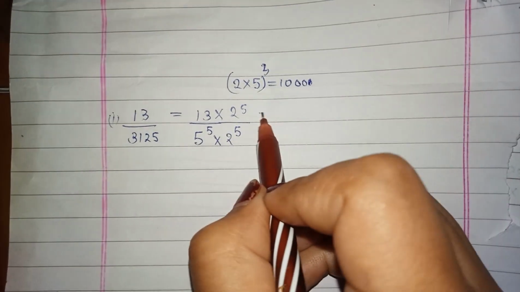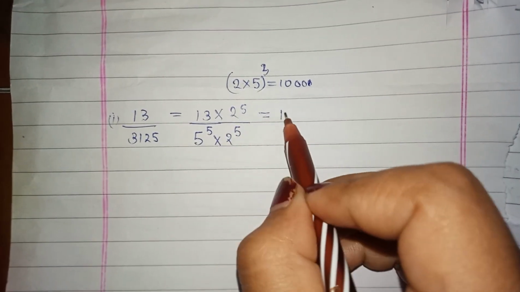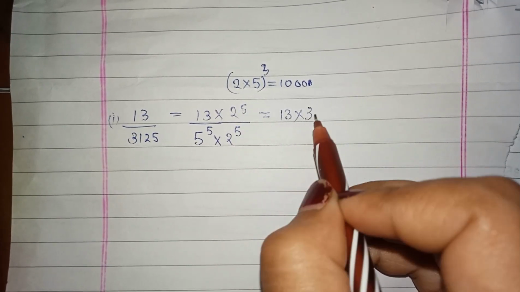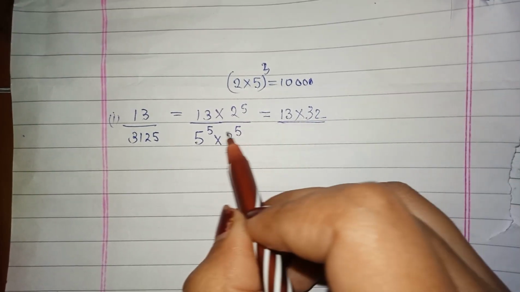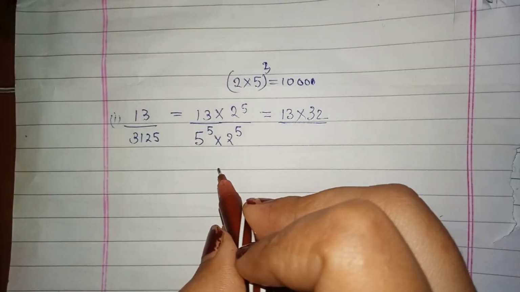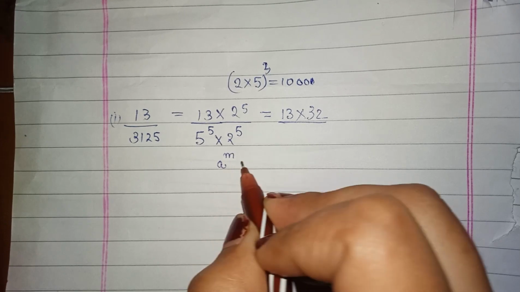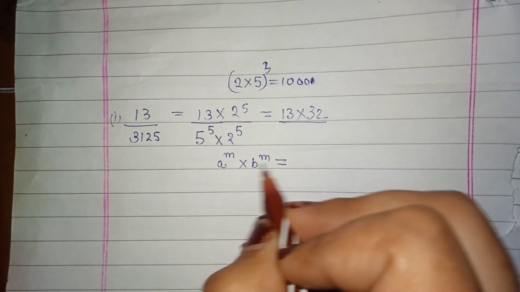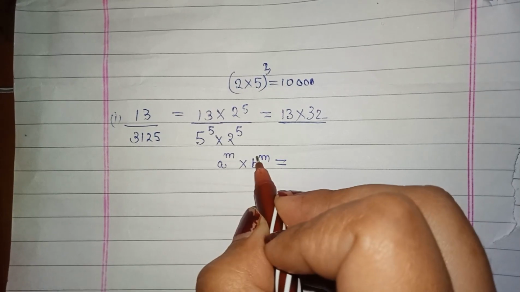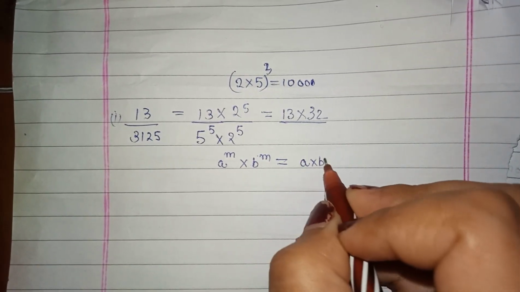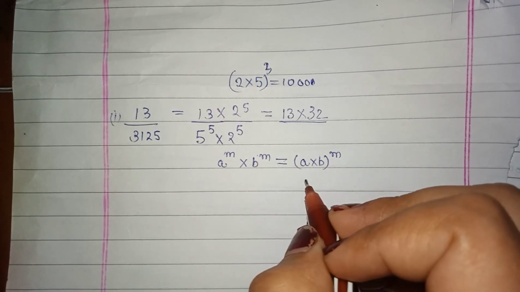Now I will solve this part. 13 into, I already know that 2 raised to the power 5 is 32, upon, now as we have learned in surds and indices that if a raised to the power m into b raised to the power m is given, where bases are different and power is same, we can do it simply as a into b whole raised to the power m.